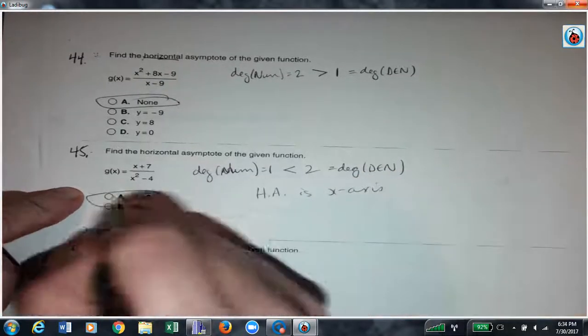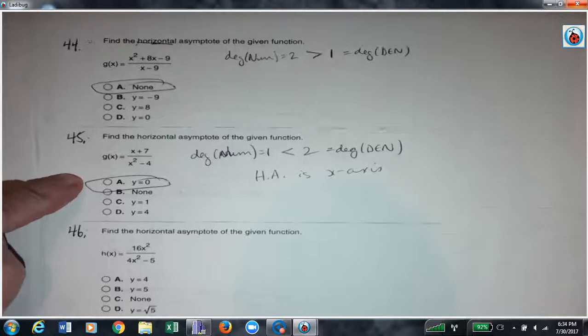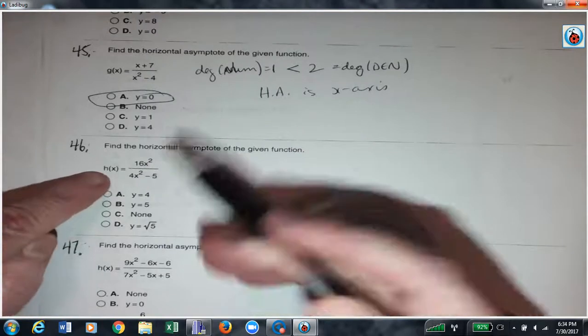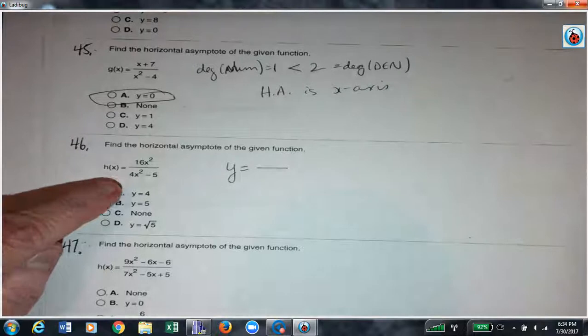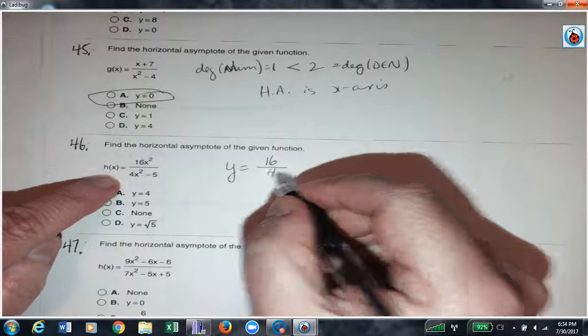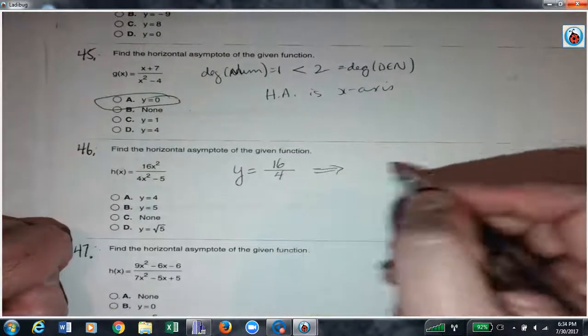If it's the x-axis, that is the line y equals 0. Find the horizontal asymptote of this. Again, degree of the top equals the degree of the bottom. So we do have a horizontal asymptote. It's the equation y equals the leading coefficient of the top polynomial divided by the leading coefficient of the bottom. And that gives me y equals 4.